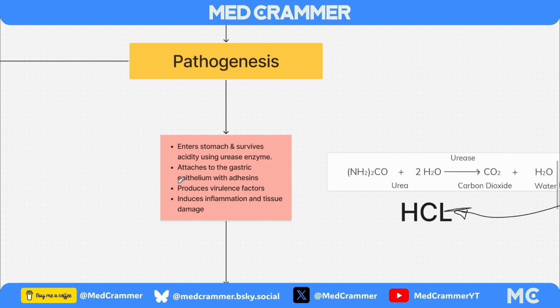And then third, it produces virulence factors. Again, I'm not going to go into detail, but I'm going to leave the sources, so if you want to know more about these, you can read from the textbooks that I study from. So this combination, in the end, leads to inflammation and tissue damage. Now, we talked earlier about the diseases that it can cause.